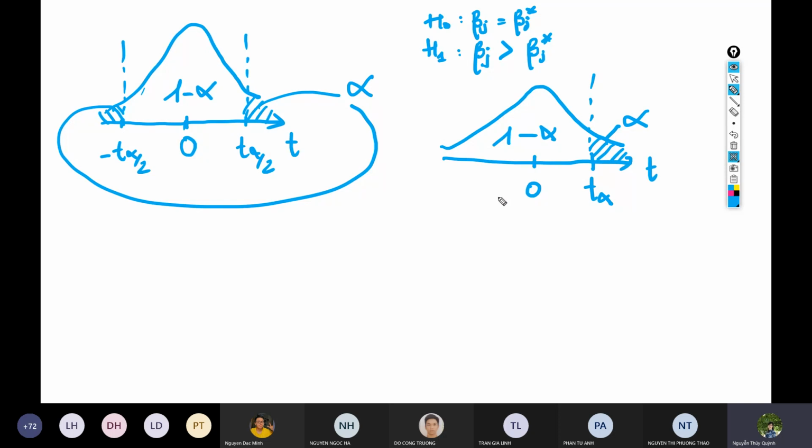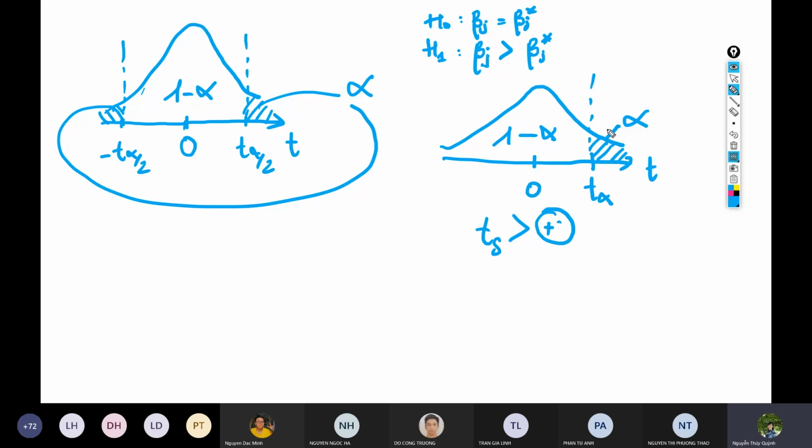So the region of rejection always has a small value. It is a small area in the distribution of t. That's why, if the rejection zone is the value of t larger than a value, then that value must be a positive number, so that the region of rejection here will be a small area.